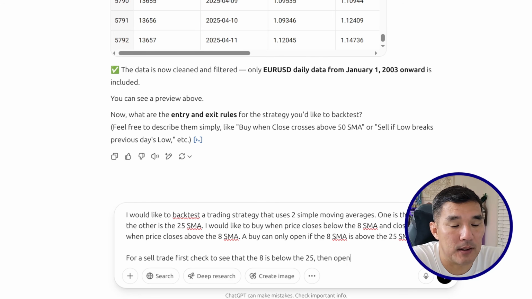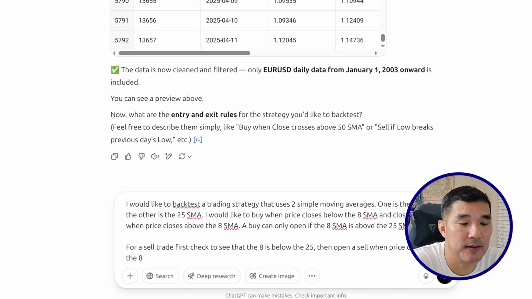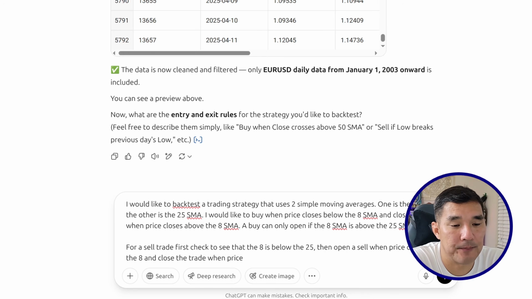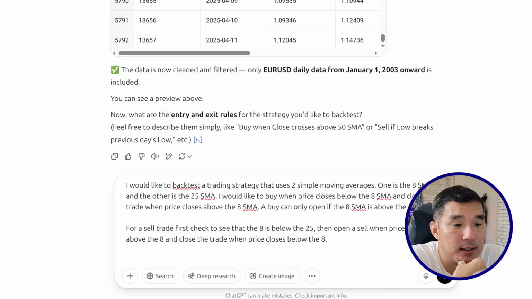Then open a trade, a sell when price closes above the 8. Closes below, yeah. So above the 8, and close the trade when price closes below the 8. Okay, so that's the strategy.